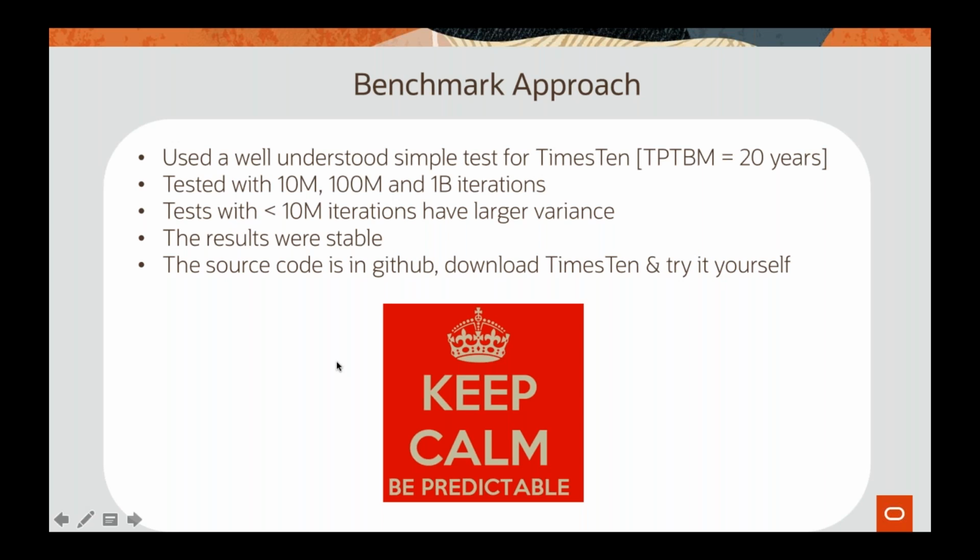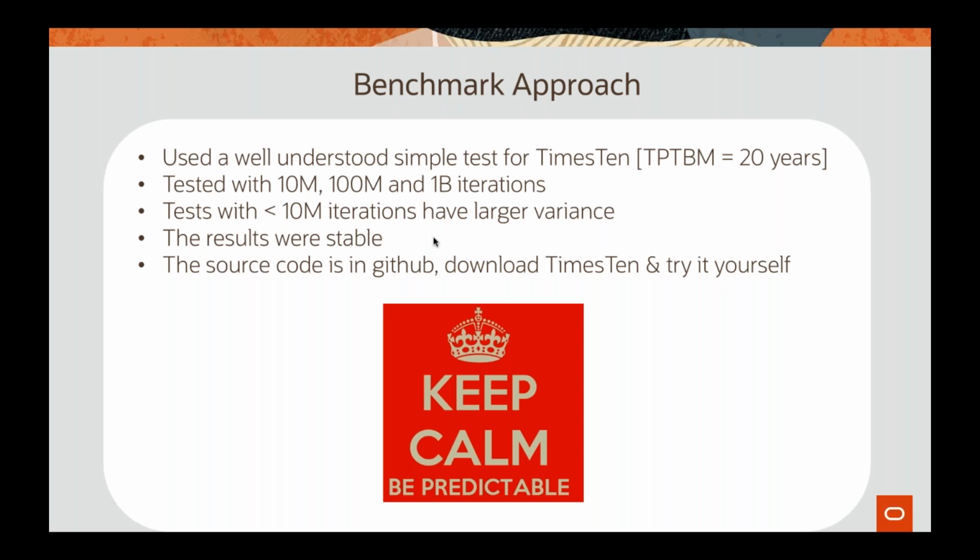The benchmark I was using is one of the standard workloads we had. It's been around for 20 years. I tried it with persistent memory with 10 million, 100 million, and 1 billion iterations for each test. I did many, many tests and took the average of each. To get consistent results, I ended up using 10 million, because if I used fewer than 10 million iterations, I tended to have larger variance in the results.